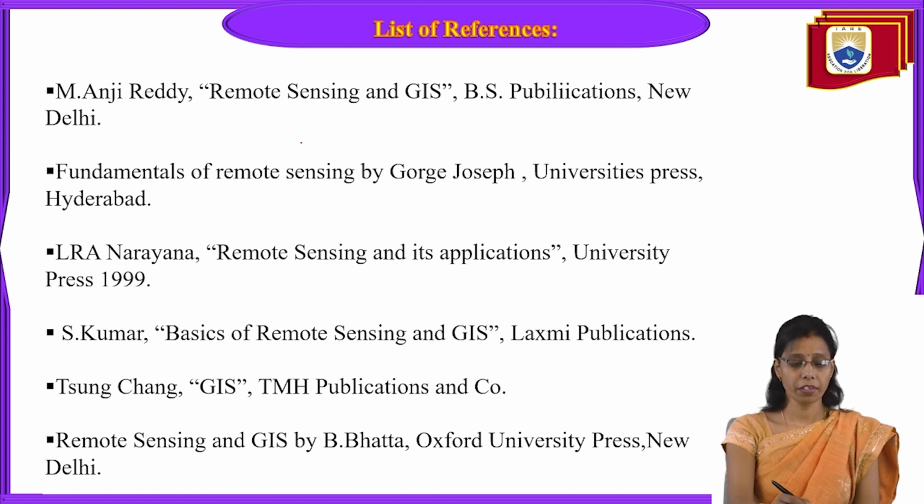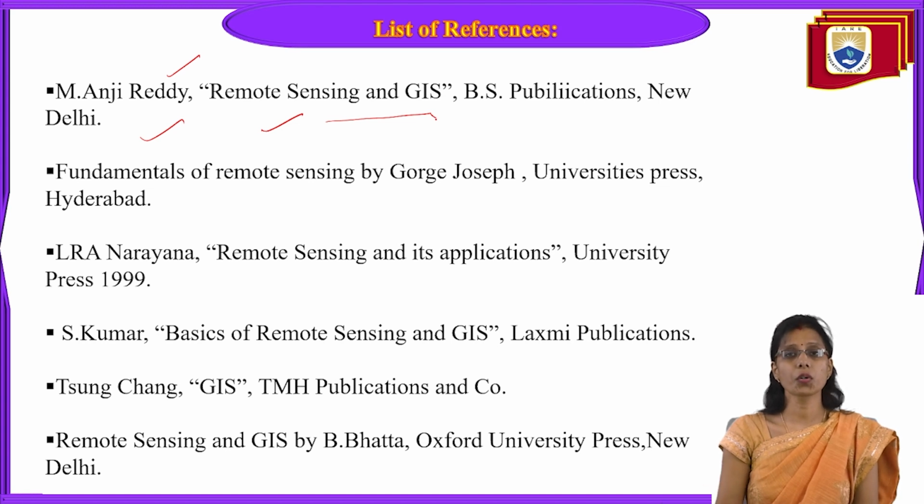So these are some references for when you want to know more about this content. You can refer to the book by Anji Reddy. He is the author of this book, and it is about remote sensing and GIS.